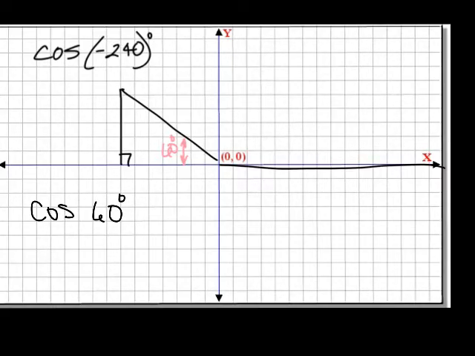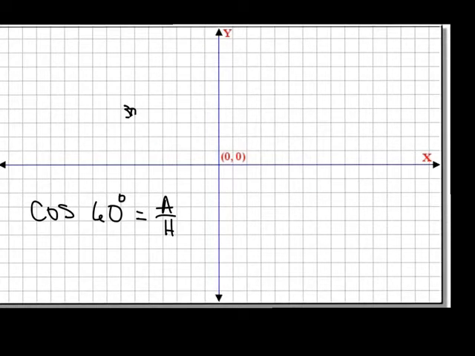So my cosine of a 60 degree angle is adjacent over hypotenuse. And what are the lengths of my sides on a 30, 60, 90 angle? One of the things is my triangle doesn't really look that 30, 60, 90-ish. Actually, it should. Let's make it more of a 60 that way.